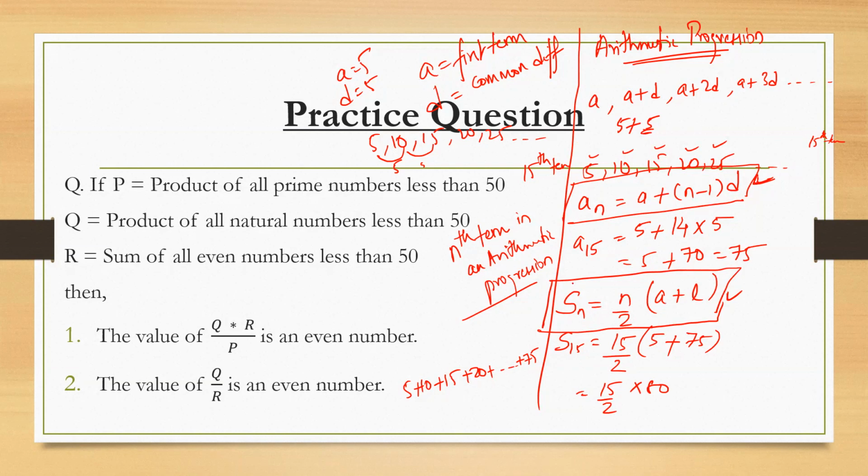To calculate the sum of the series, it is n by 2 into a plus l. A is the first term and l is the last term. I hope this is clear, everyone.